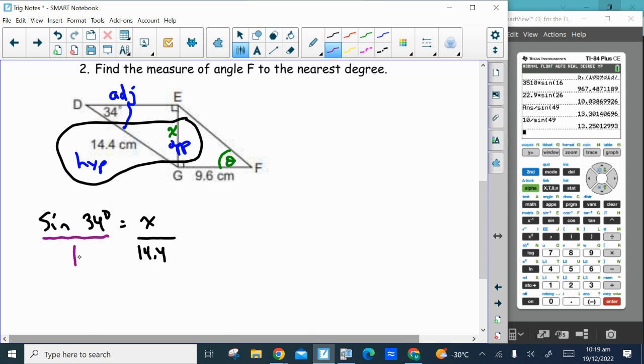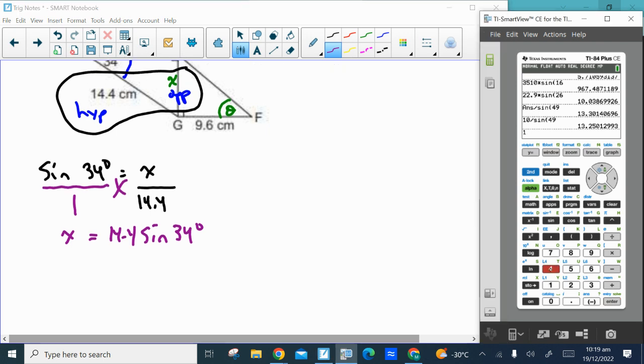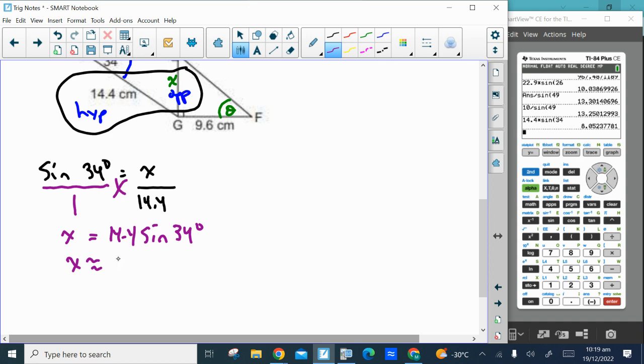Make both sides a fraction so we can cross multiply. 1 times x will equal 14.4 times the sine of 34 degrees, which if I round to the nearest tenth would be 8.1 centimeters, because that's the unit that the hypotenuse is in. That is the length of x.